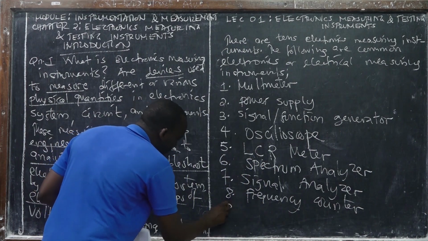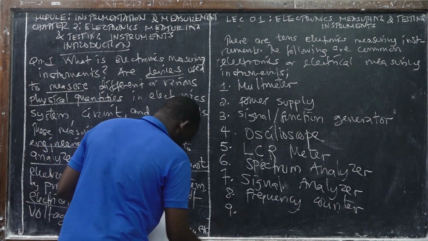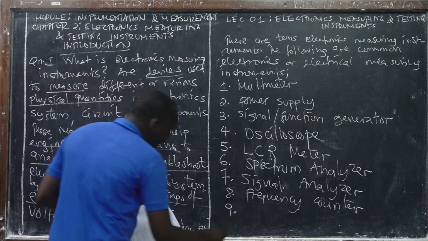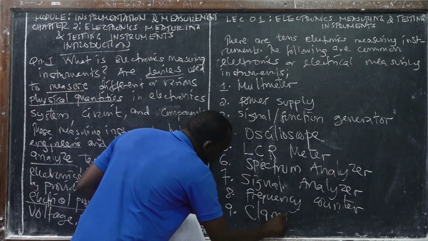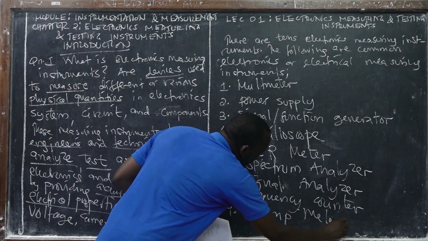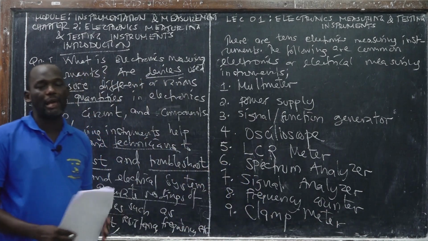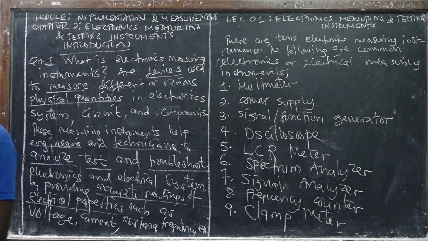Say frequency counter. Then another one, this is important for the electrical engineer. It's called the clamp meter. Say clamp meter. Do you know the clamp meter? How many of you have seen a clamp meter? So some students have seen a clamp meter.